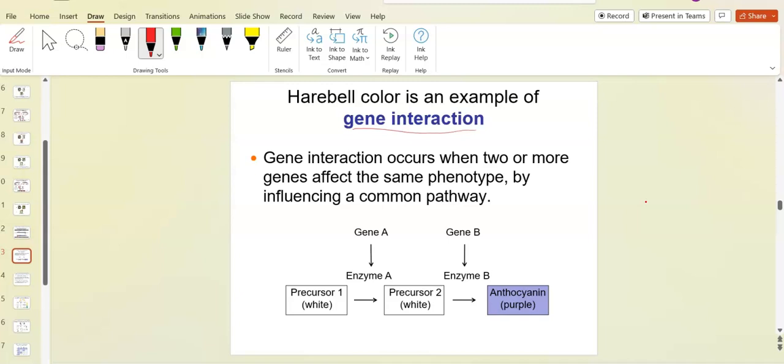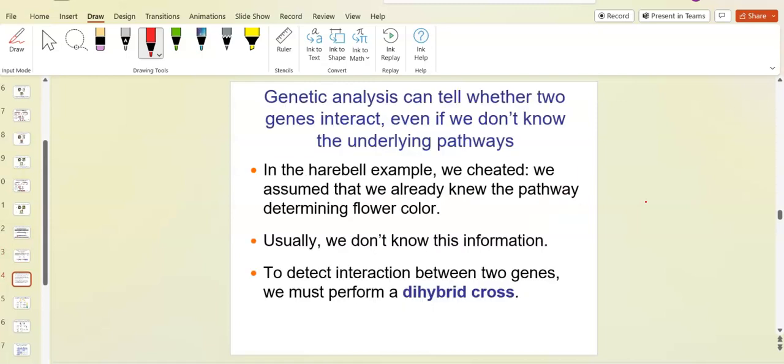So gene interactions occur when two or more genes affect the same phenotype in a common pathway. And we've already talked about this. This is epistasis. All right. So we don't know if the two genes interact until we do the crosses.